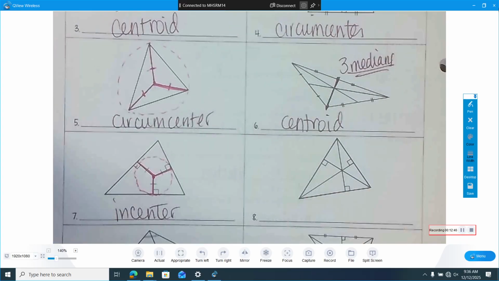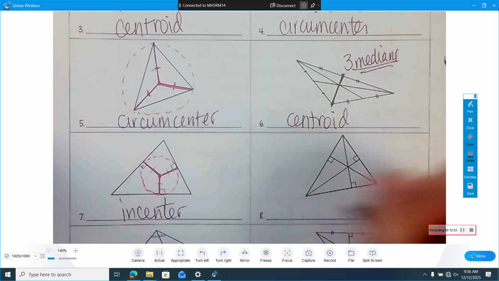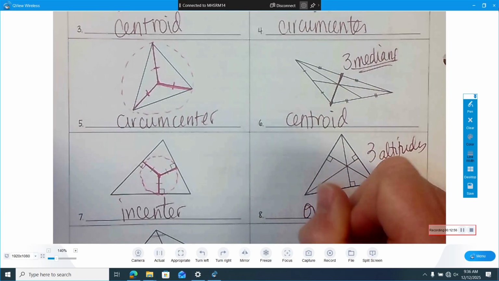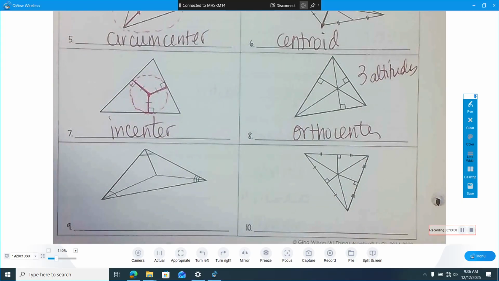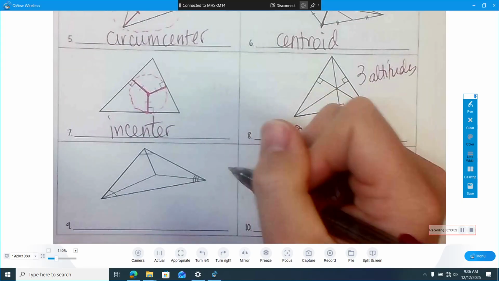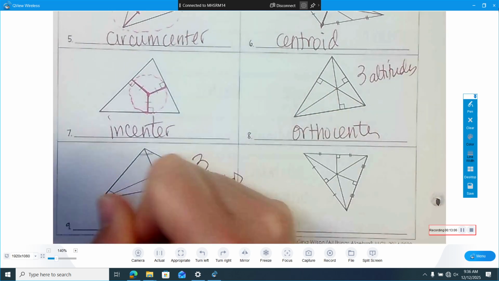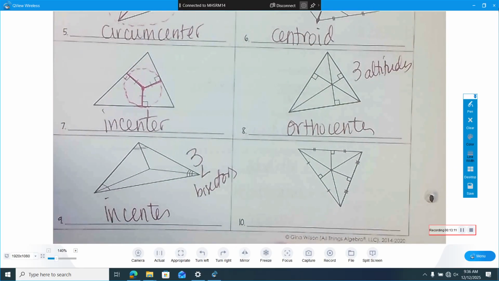All right, incenter. Number 8 is orthocenter. We have 3 altitudes, so that's orthocenter. Number 9, incenter. Why? 3 angle bisectors. All right, that's incenter. And then circumcenter is correct.